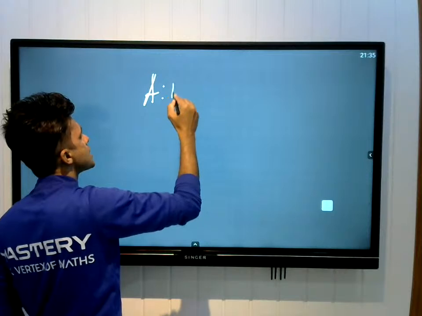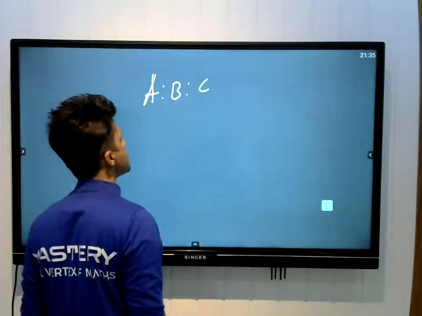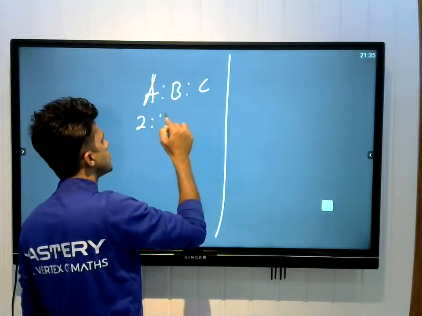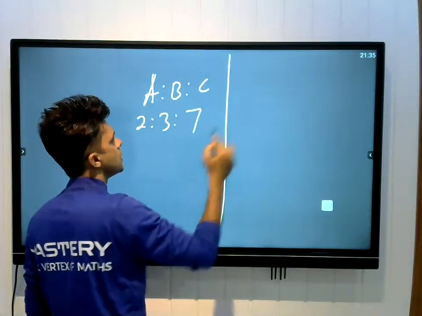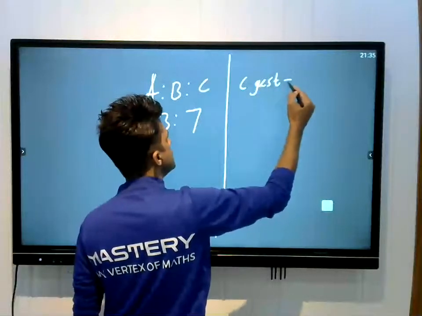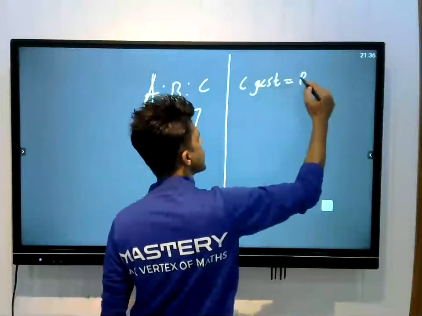When a certain amount of money is divided in the ratio 2 to 3 to 7, then C gets 28 rupees.